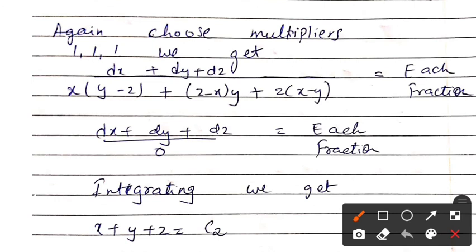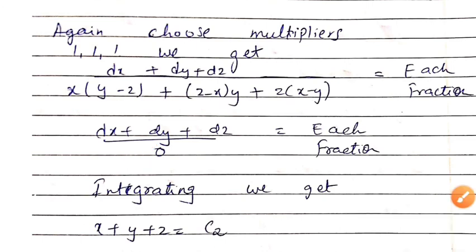If you do this in this example, you will get your denominator 0. So if I don't multiply by any other number, then we usually multiply by 1. So dx plus dy plus dz, I have added all those terms as they are. When you multiply these terms and simplify, you will find that you are getting your denominator 0, which we write as each fraction.